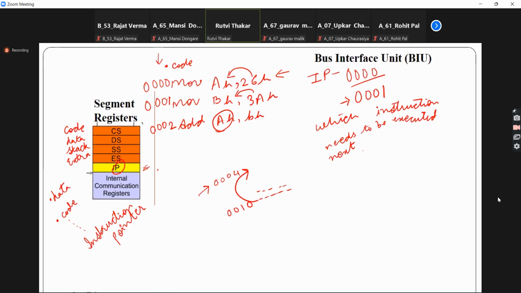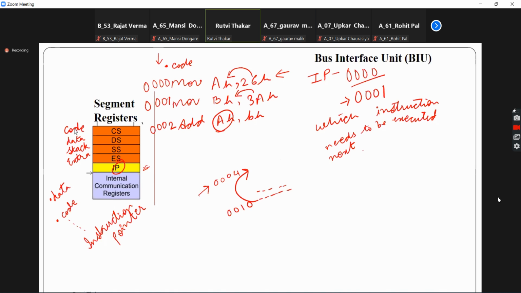Am I clear with this definition? Okay, so this is the role of the instruction pointer.